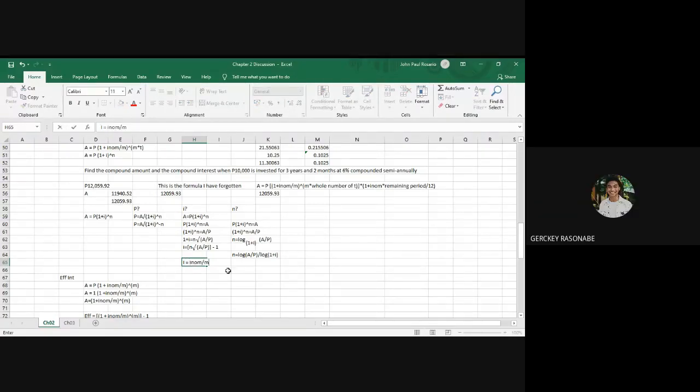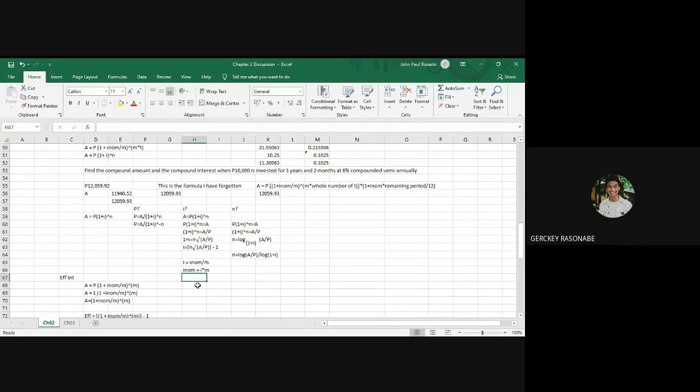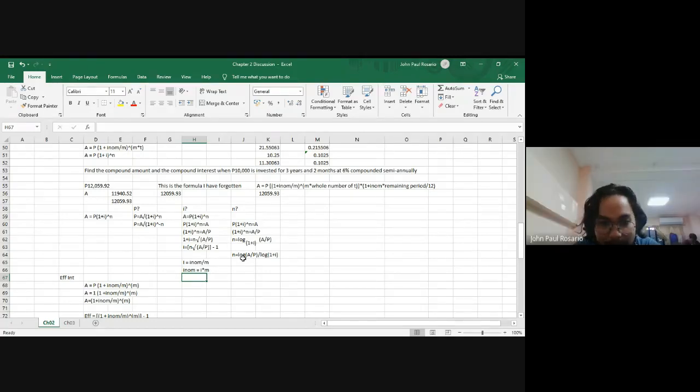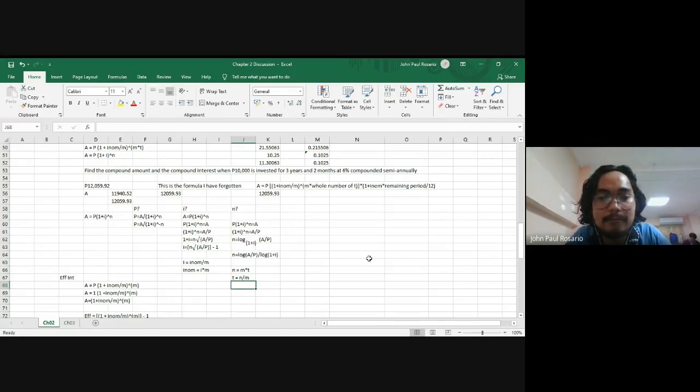Meaning, inom is equal to I times M. So with that, i-times na naglimog M, you'll have your inom. Tapos, same po aning N. We know that N is equal to M times T. Now, what if si T ang pangutanon? T is just simply N over M.